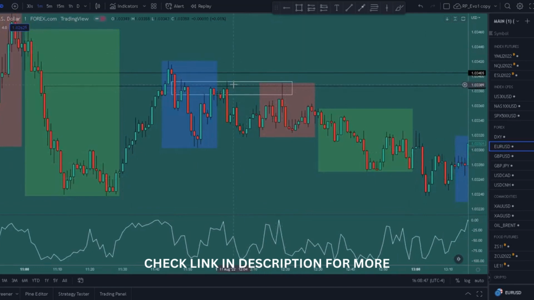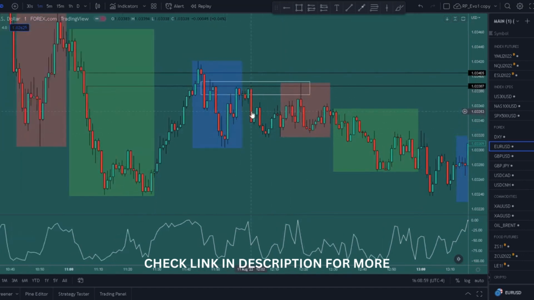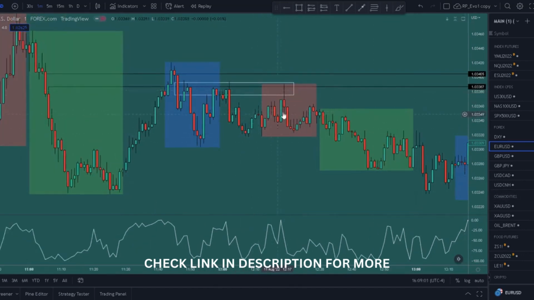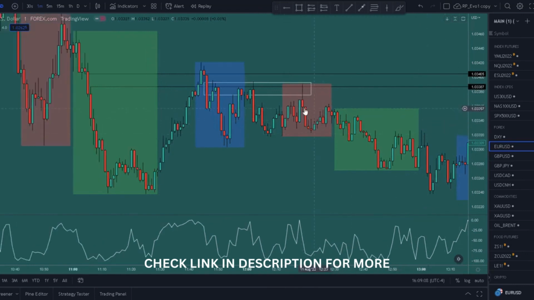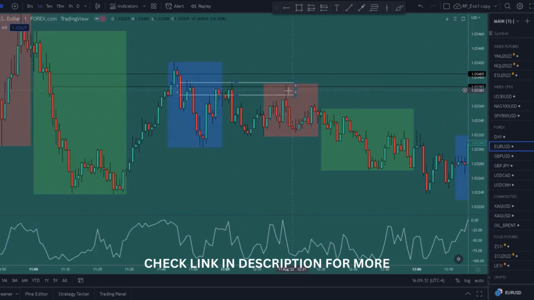When price comes back, if it decides to come back, it can happen either inside the new mini kill zone, or it can happen outside. It's better if price comes back during another kill zone, but it doesn't always have to. Regardless, this was the first touch, second touch here.